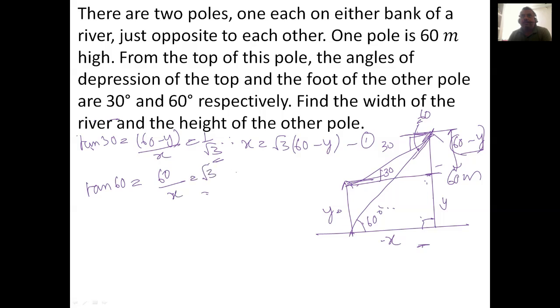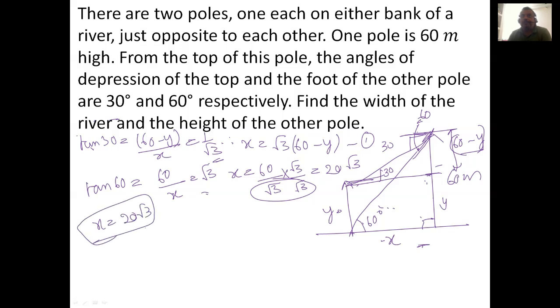From here we will get that x is equal to 60 upon root 3. Multiplying by root 3, this will become 3, and it will become 20 root 3. So x is equal to 20 root 3. This is the distance, first thing. Now we have to put the value of x in equation 1. 20 root 3 is equal to root 3 into 60 minus y.